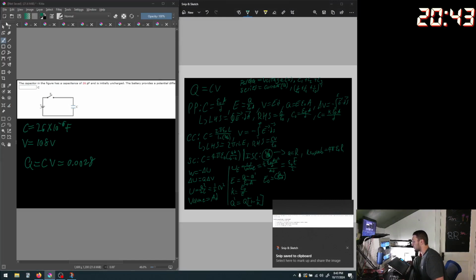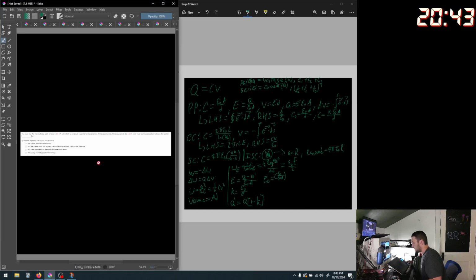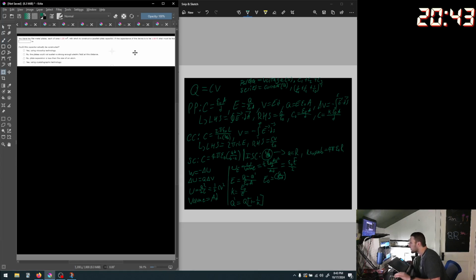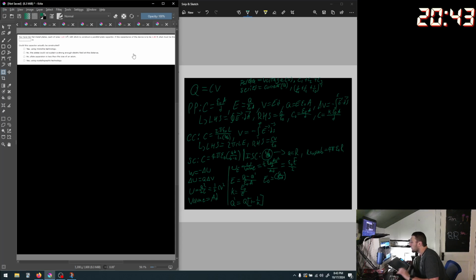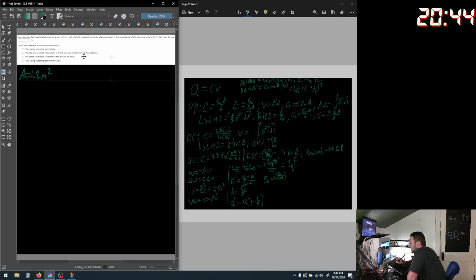Oops, here we go. Make it vertical. So, two flat metal plates. We have an area, which is 1.2 meters squared. And the capacitance, 1.6 farad.